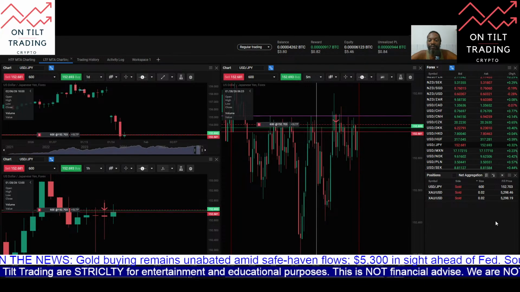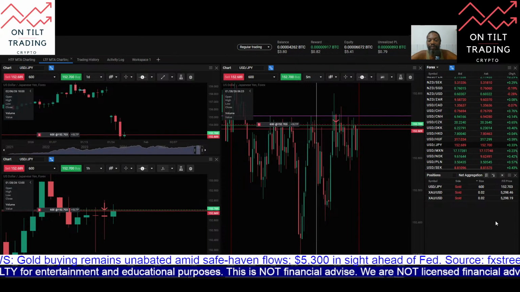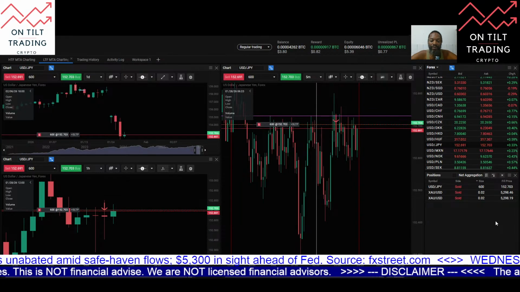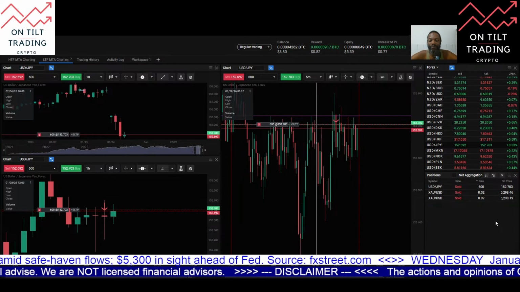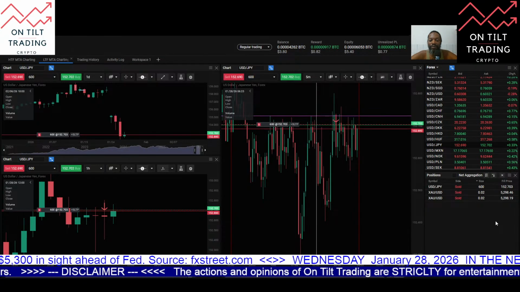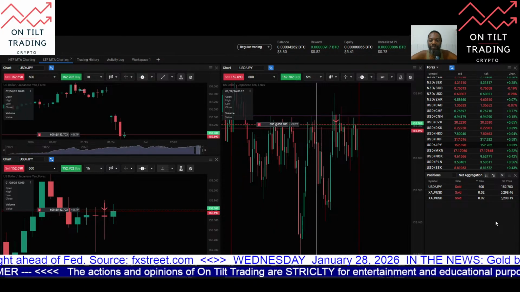Price pulling back. Price back at my break-even level. So not going very far here. Price action wise on USD JPY today. So lots of pullback.